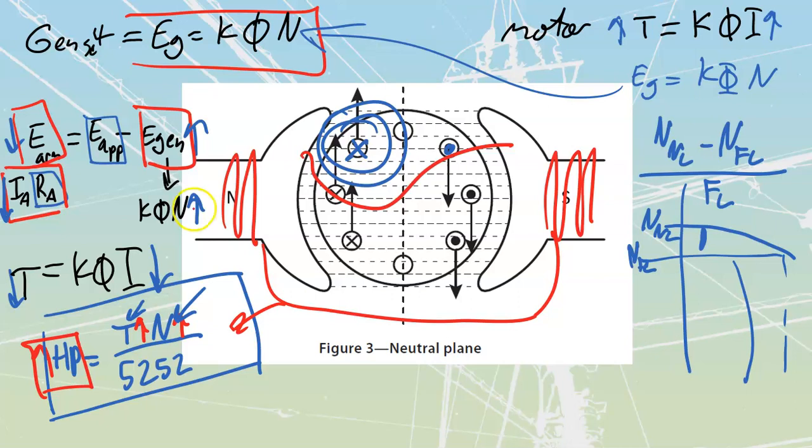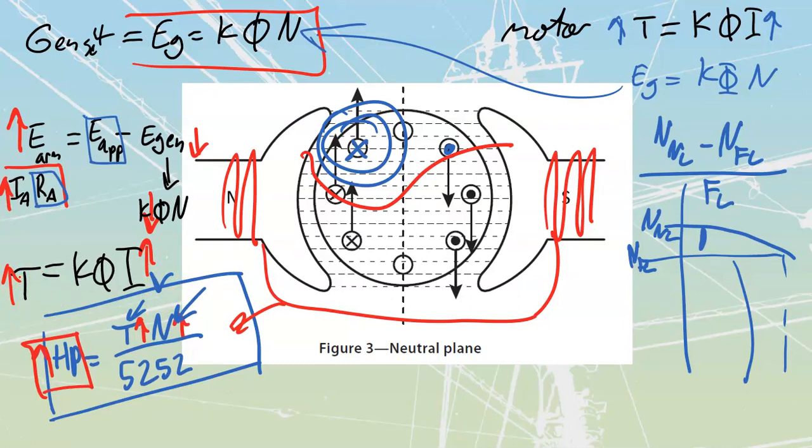And if I get a decrease in my flux, that decrease in flux means my generated counter EMF is going to go down, which means the volts applied to my armature would be seen as going up, which means my armature current would be seen as going up as well, which means I'm going to have more torque out of this thing. I'm going to have more speed out of this thing as well.